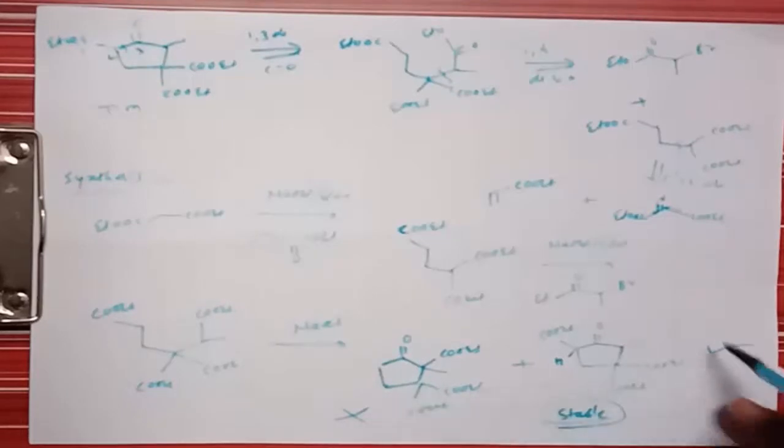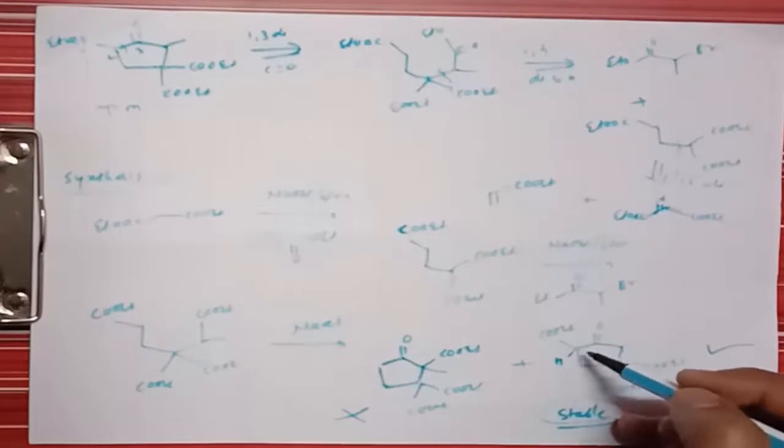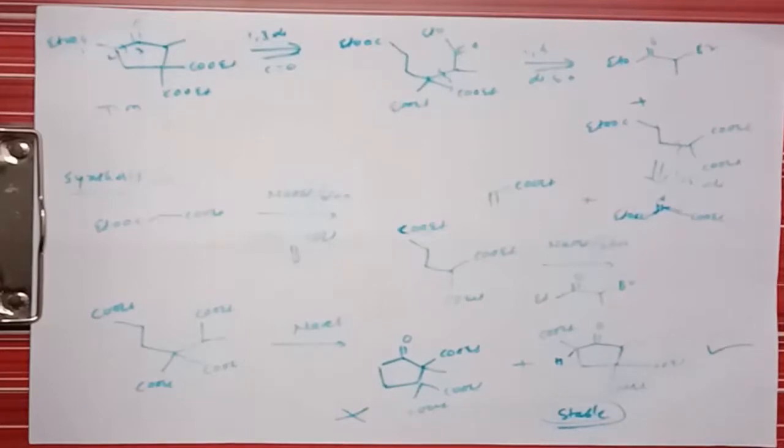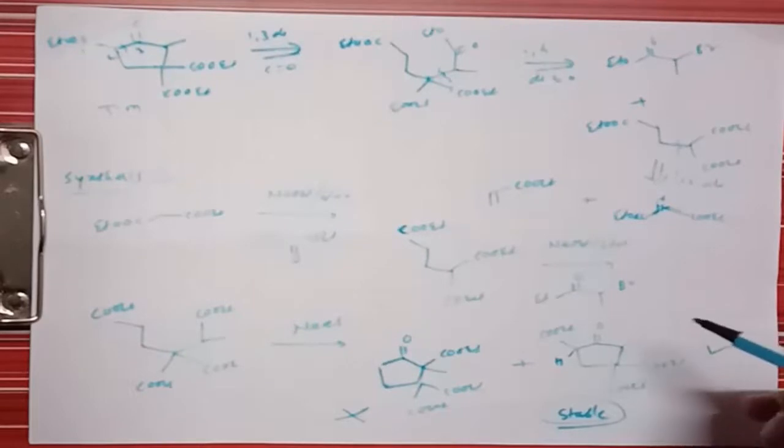That means it gives only this product because the enolate will be stabilized due to the enolization. That means the product will be stabilized by the enolization, right? So in this way, there is a simple route for the synthesis of such type of target molecules.